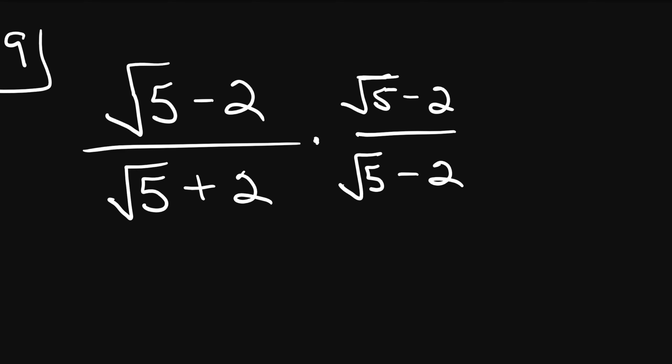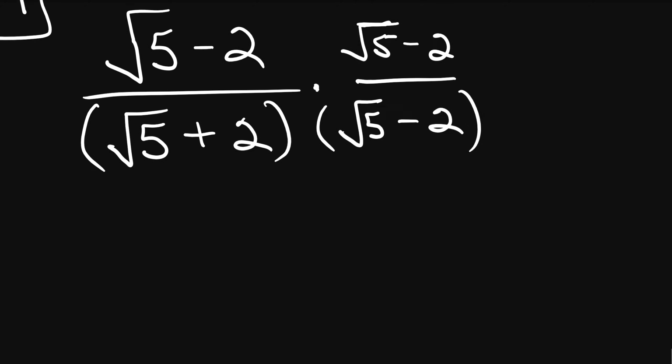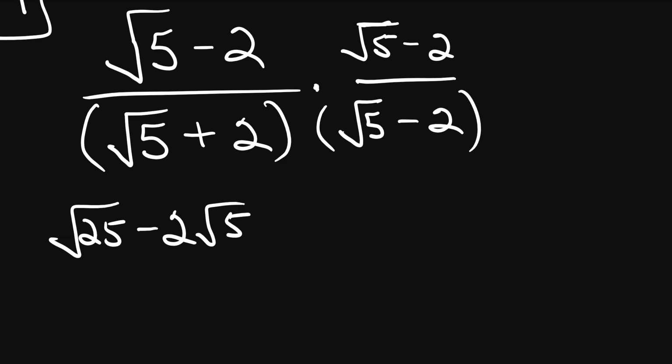When I multiply this, if I FOIL it, I'm going to have square root of 5 times the square root of 5 is square root of 25. Outside is going to be negative 2 root 5. Inside will be positive 2 root 5.